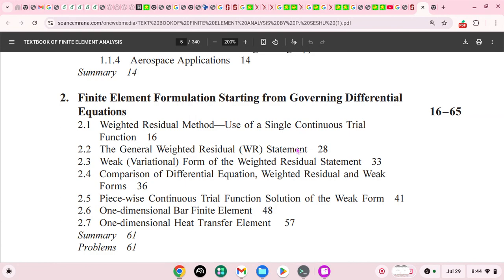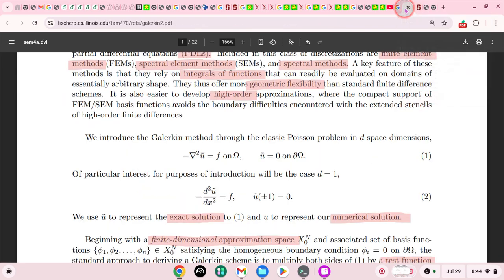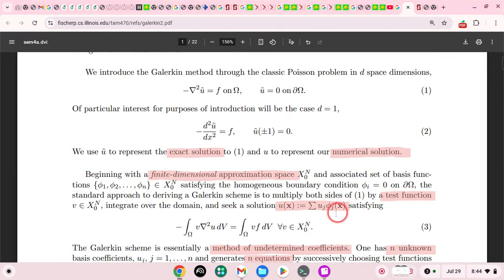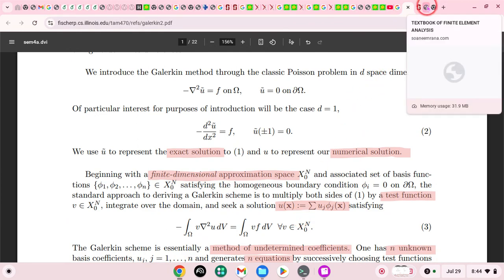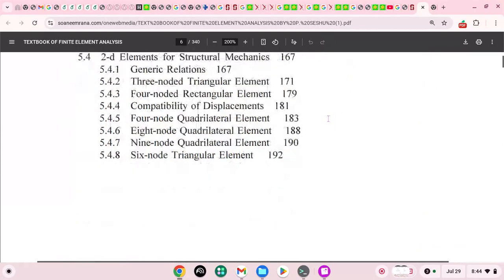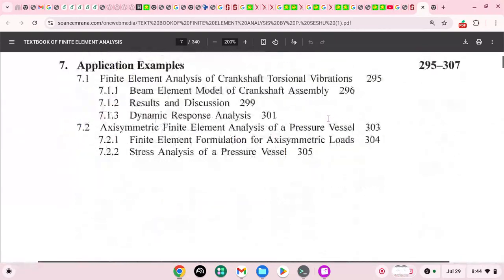That bunch of trial functions will lead to the concept of the expansion that I mentioned earlier related to these equations, which we will cover based on this book. So I'll just quickly go through these 100 pages for your knowledge.